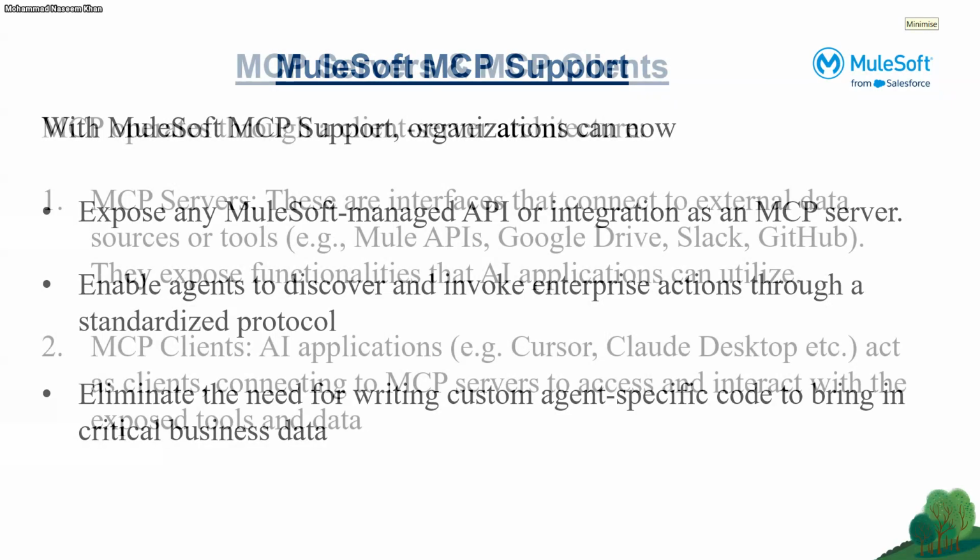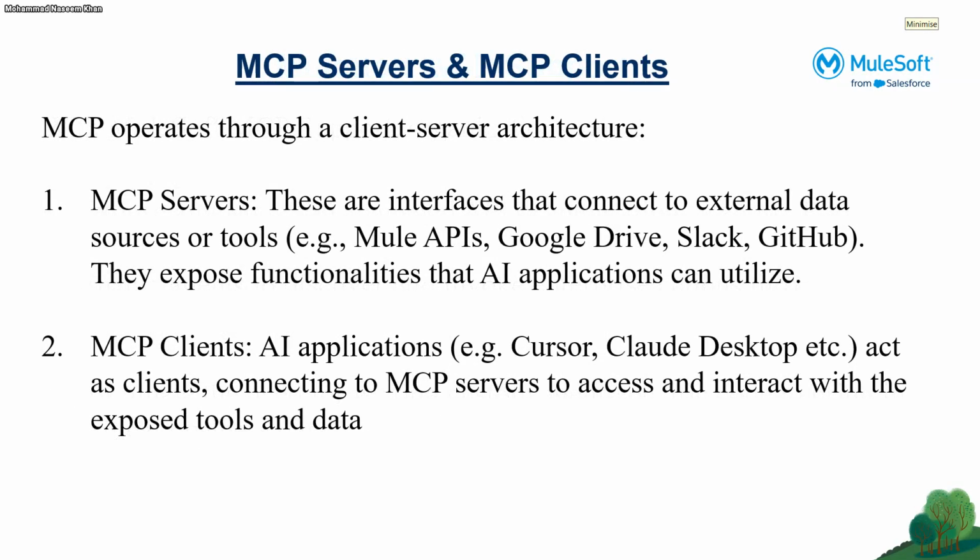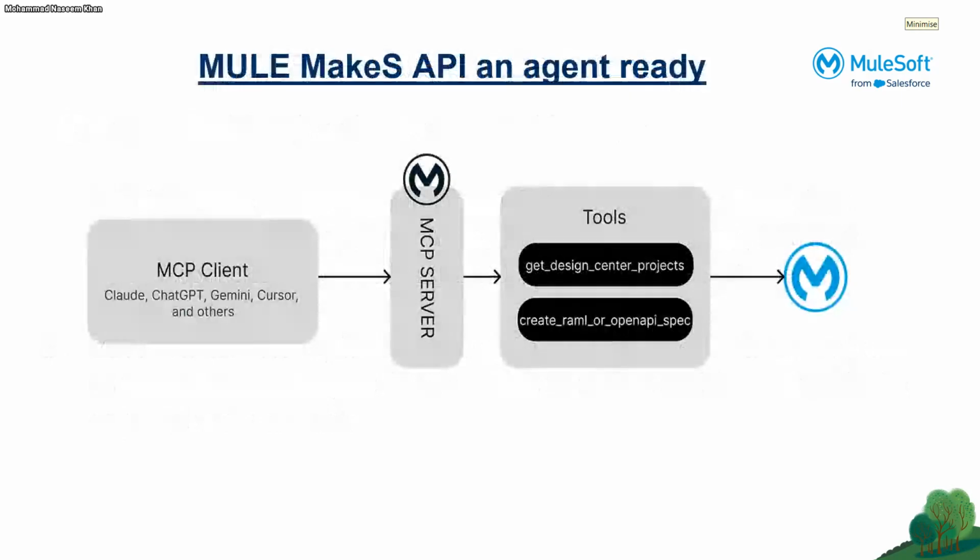I have explained that MCP servers are the interfaces which connect to the external data, and MCP clients are the agents. In simple words, we can consider MCP clients as an agent. And there are tools. Suppose we have developed an API in which we retrieve employee ID and retrieve company information.